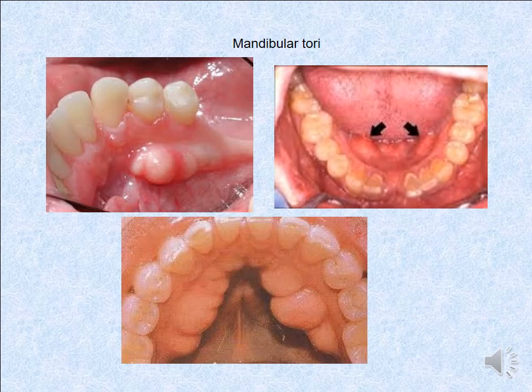Another problem for the mandible is the mandibular tori. It is the same as in the maxilla, but its location is in the posterior area, distal and lingual to the second and first premolar, and it can be smooth or lobulated. There can be single or multiple bony tori.